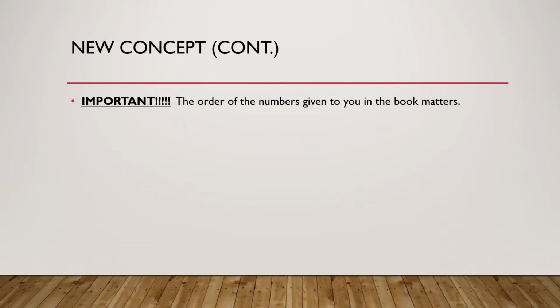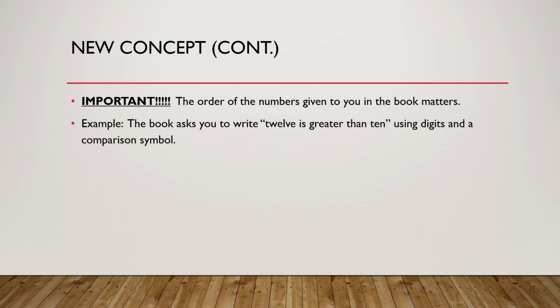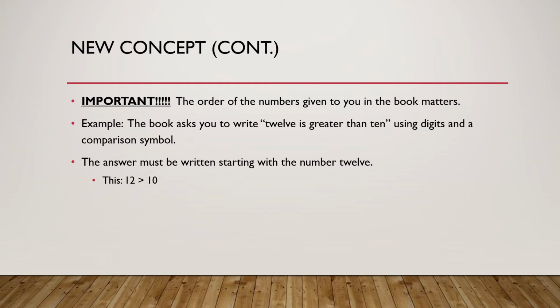It is important to remember, and I'll remind you of this over and over again as we do these problems this year, that the order of the numbers given to you in the problem matters. So for example, if the book asks you to write 12 is greater than 10 using digits and a comparison symbol, you must start with the number 12 when you write your answer. So your answer would be this, 12 is greater than 10, not this.